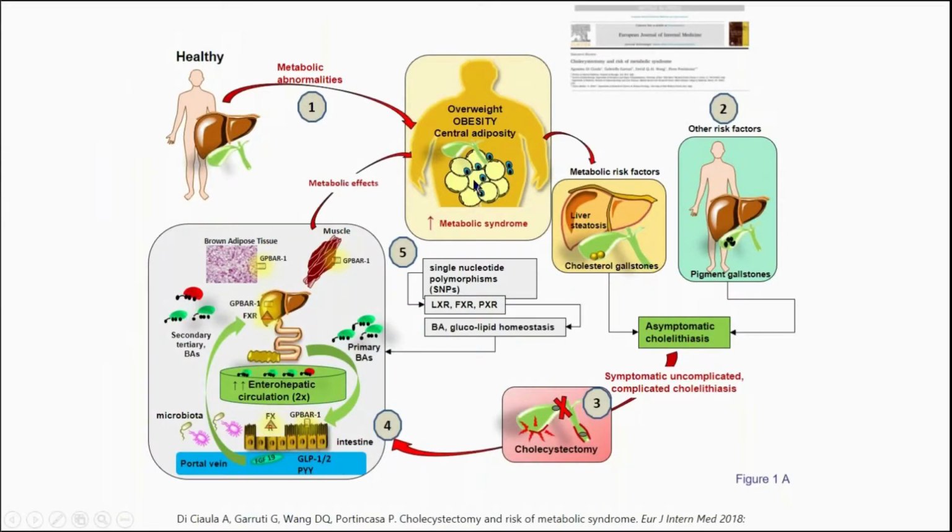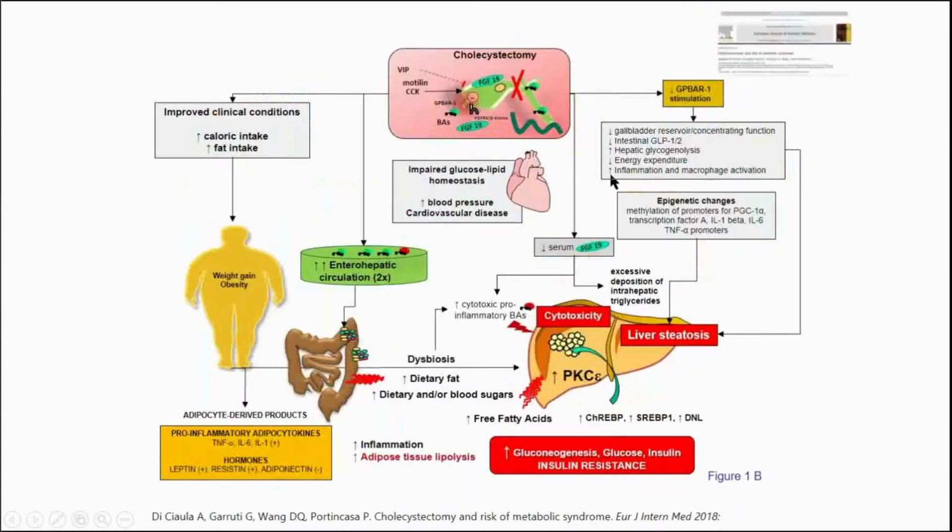Subjects either with cholesterol stones, with a metabolic syndrome, or even lean with pigment stones, when they become symptomatic, they have to be operated with cholecystectomy. A more rapid enterohepatic circulation will take place without gallbladder, and receptors might be abnormally understimulated.